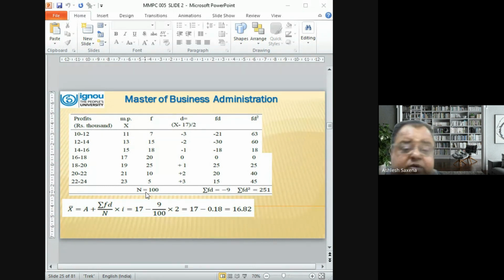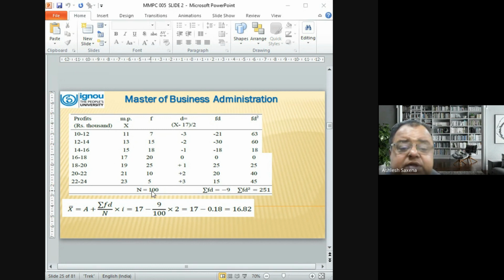Now we move to the formula. Mean is equal to A plus summation fd by N into i. Your assumed mean was 17, because in this column you have the place of 0, so this will be your A. Plus summation fd is minus 9, place minus 9 over here.